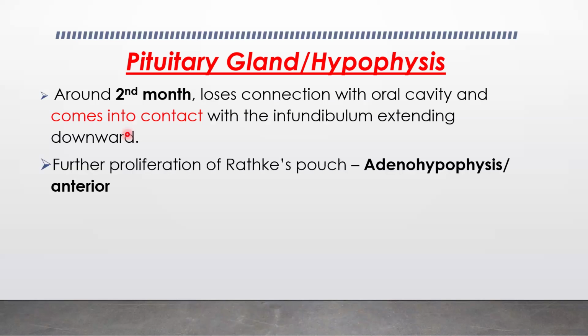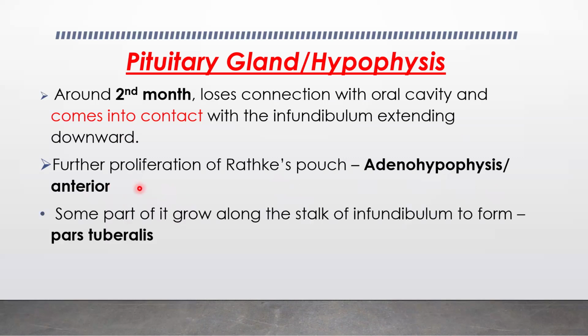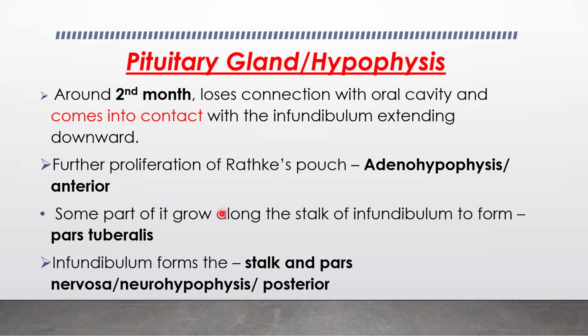Further proliferation of the Rathke's pouch gives us the adenohypophysis or the anterior pituitary gland. Then some part of it grows along the developing infundibulum to form the pars tuberalis. Remember the 2 parts of the adenohypophysis are the pars tuberalis and pars distalis. So the pars distalis will come from the proliferation of the Rathke's pouch.